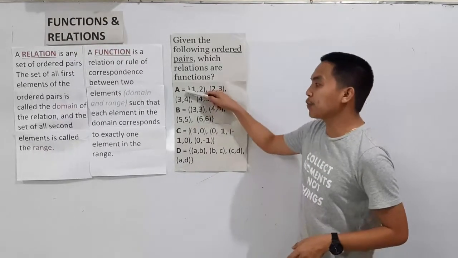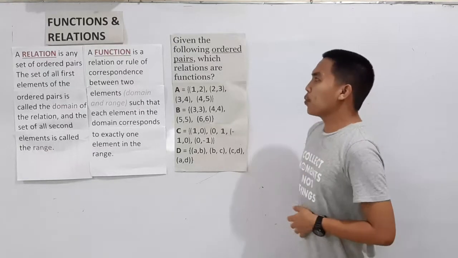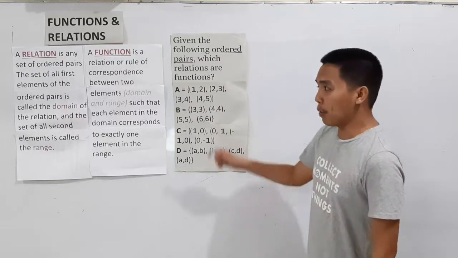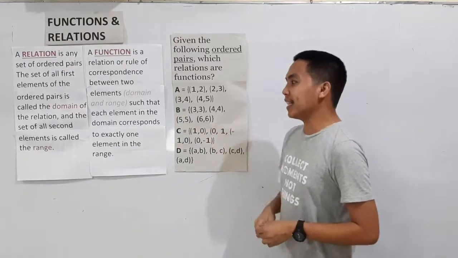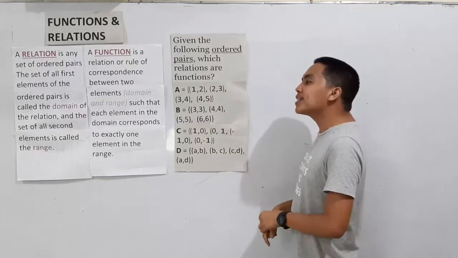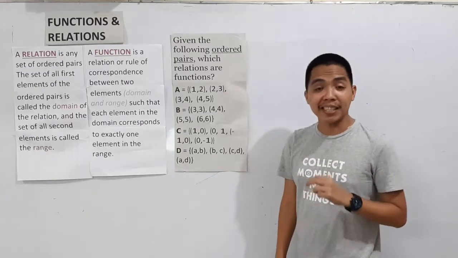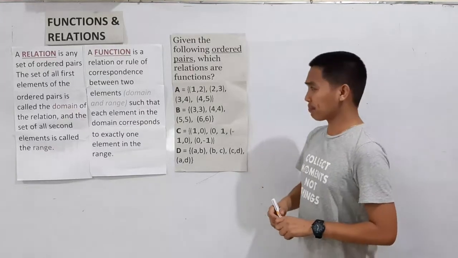Okay, out of these four given ordered pairs, which relations are functions? Again, how would you know if it's a function? Each element in the domain corresponds to exactly one element in the range. Hindi pwede magbalik si x, hindi pwede magbalik ang input mo.